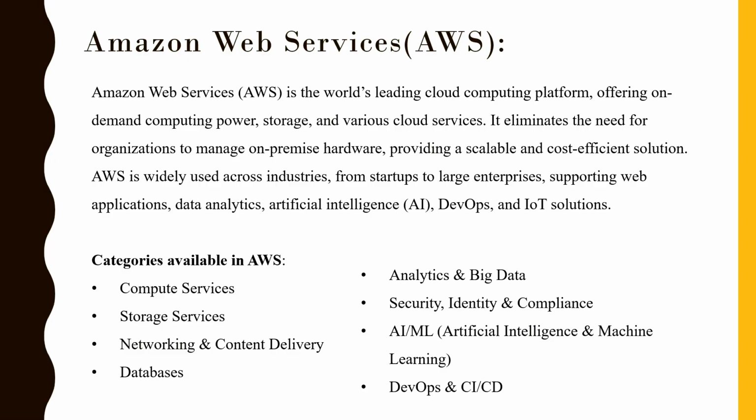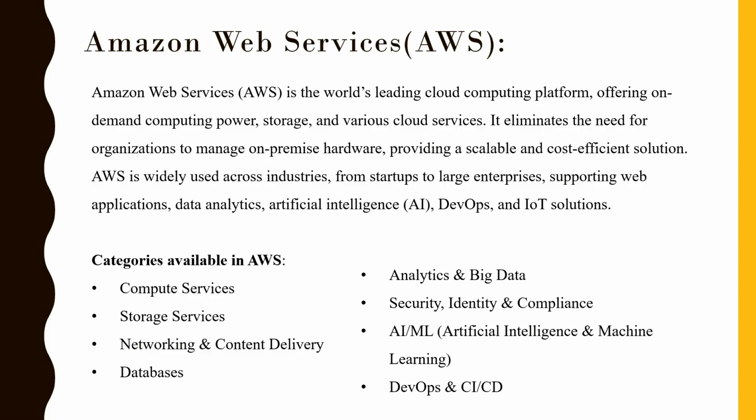And the next one is the analytics and big data category. In this category, we have AWS services like Glue ETL, Lambda, Step Functions, which are mostly used for analytics purposes, like ETL jobs, extract, transform, and load kind of database functions.